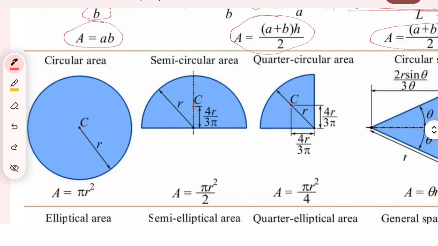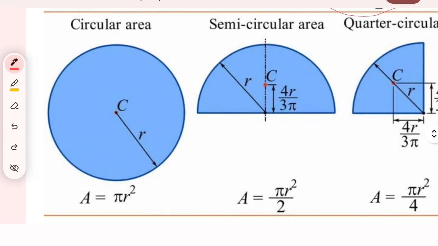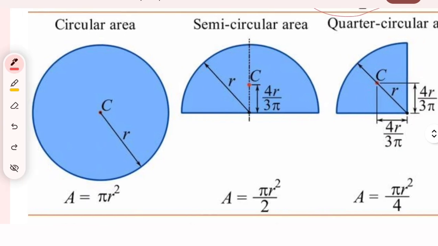What about if what is given is a circular area? Here's a circular area, and the area of a circle is pi r squared. That's the area of the circular region. And where is the center? That's so easy. The centroid of that circle is right at the center, right?